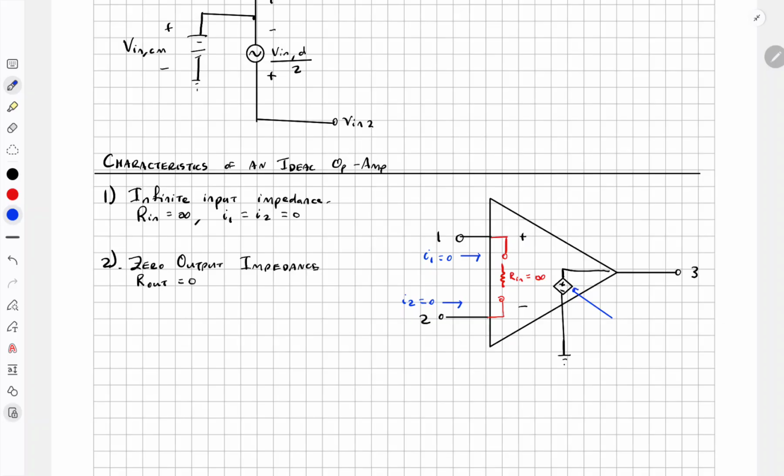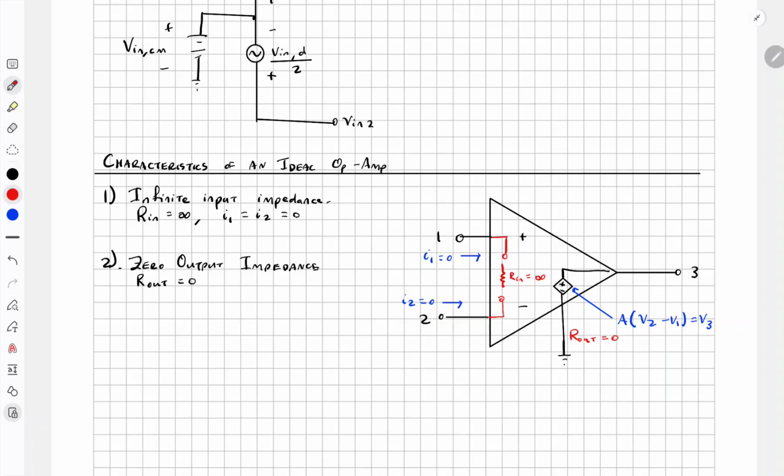An op-amp is like a voltage controlled voltage source, VA, which is equal to A multiplied by V2 minus V1, that's equal to V3, right? So the meaning of zero output impedance is that the connection to the ground below the voltage controlled voltage source is R out equals 0, right?